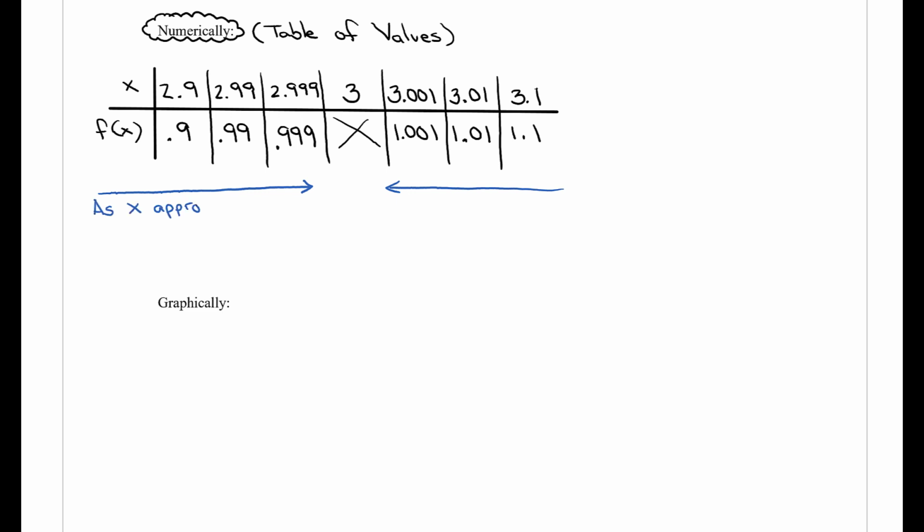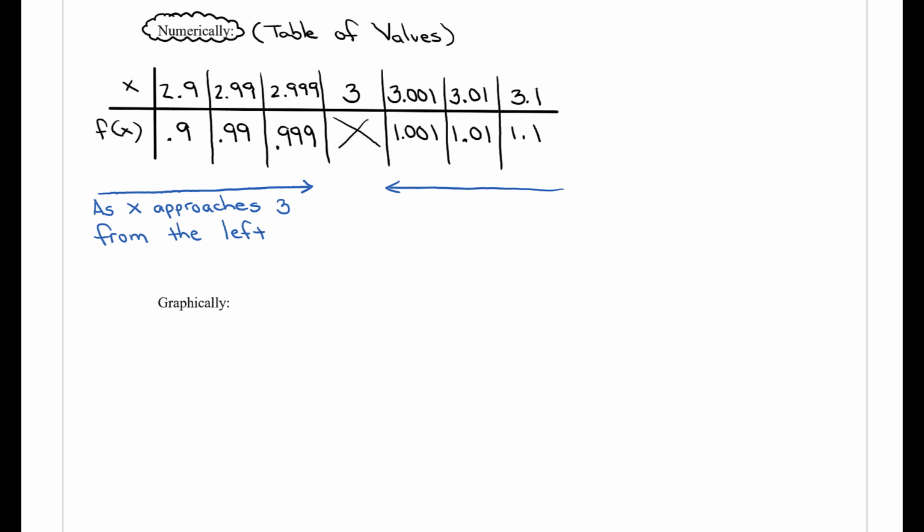So I'm going to write down underneath my arrow that was coming in from the left, as x approaches 3 from the left, f of x is getting closer and closer to the value of 1.